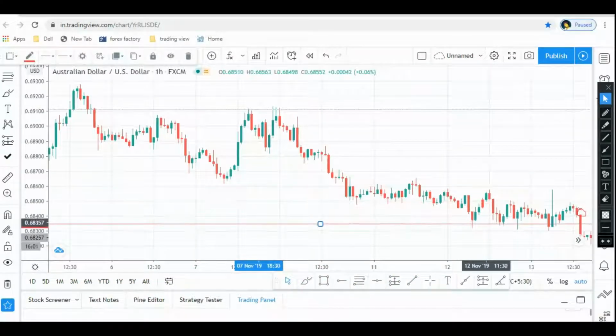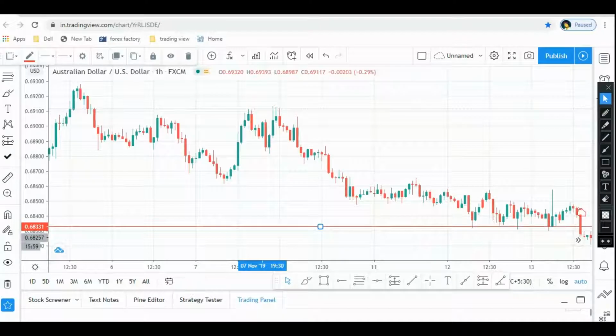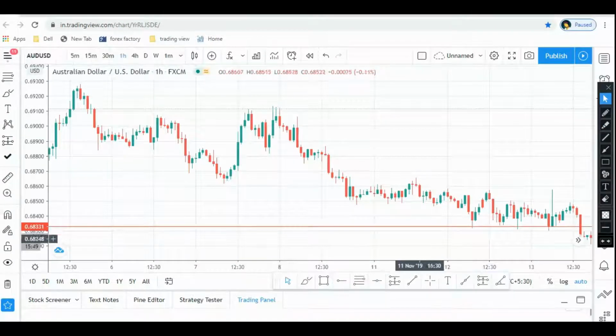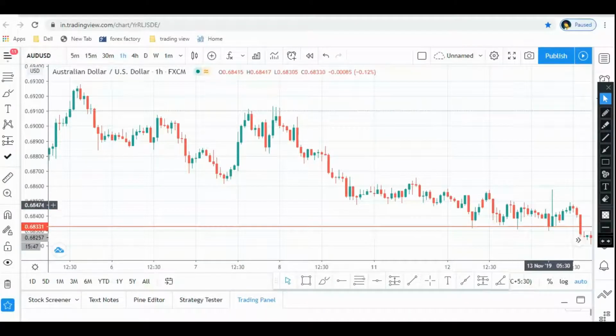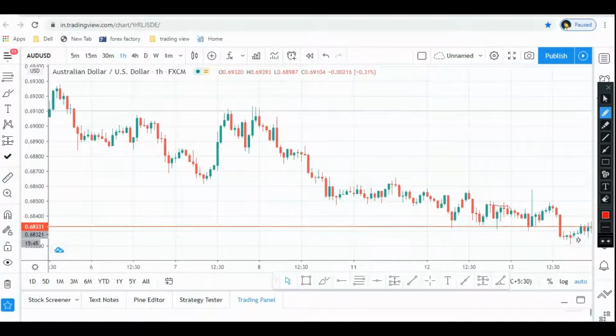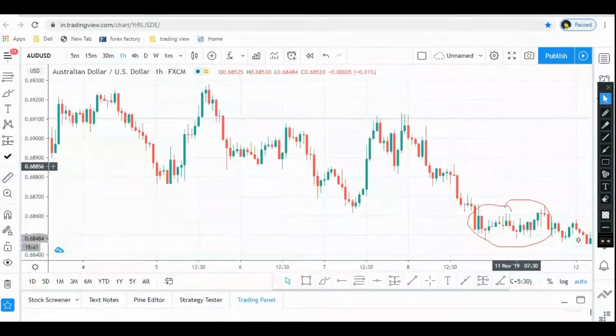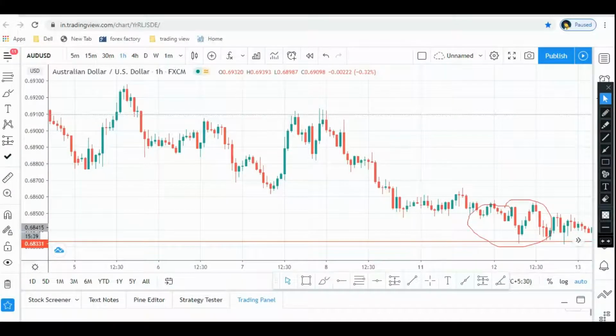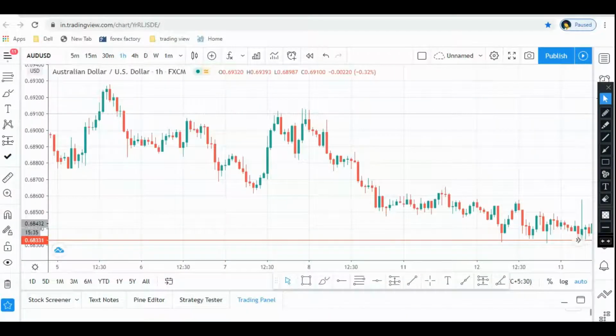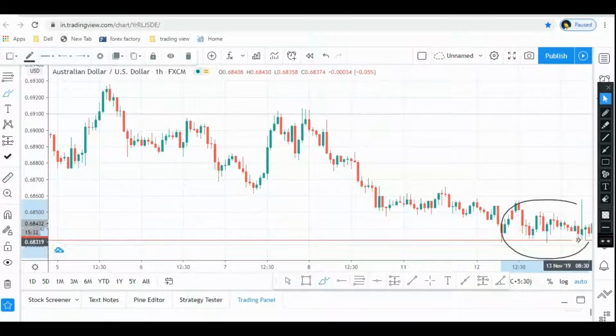See, did you see this area acted as a support? Okay, so now I have to find the nearest resistance to this particular area. So I have marked this area. Okay, now I will go back. Oh, I'm so sorry. Let me remove this first. Okay, right now I have marked this area.